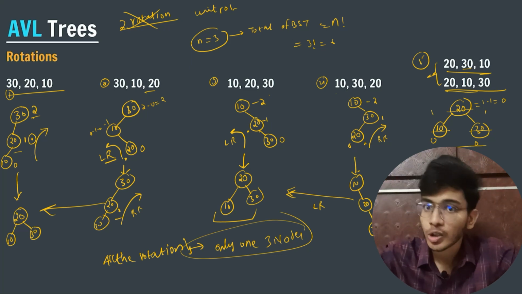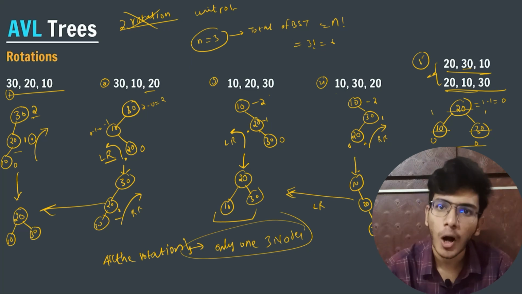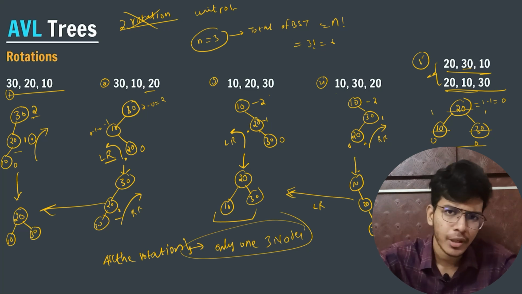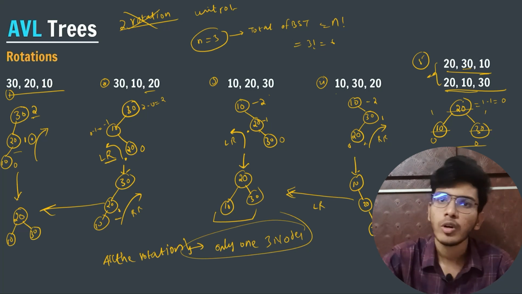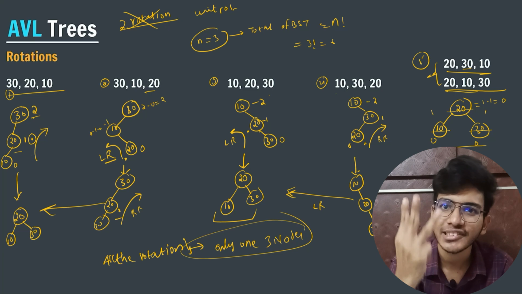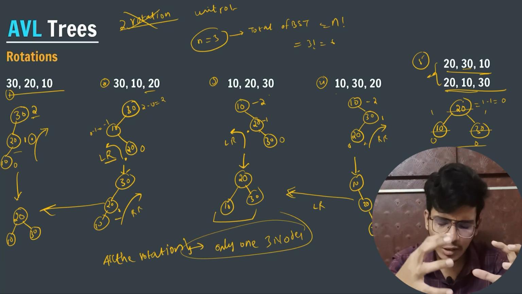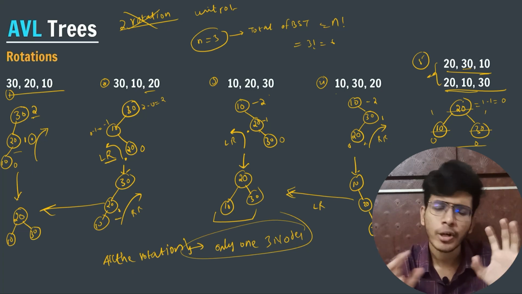We won't take 10 nodes and perform rotation, it will become so complex. Whatever the size of the tree might be, we only perform rotation on 3 nodes only. We will break it down, consider only these 3 nodes and rotate them.